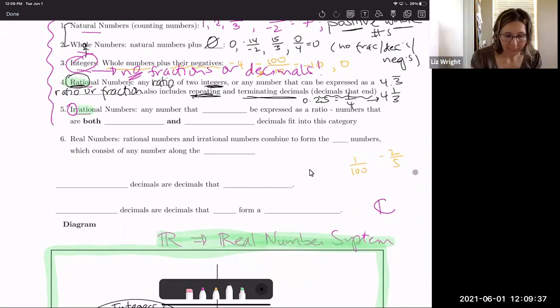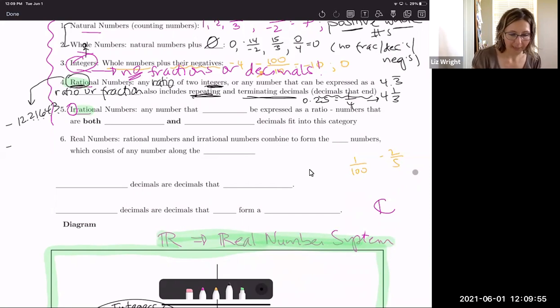Even a super long decimal, let's say we had negative 12.21643. Is that a decimal that stops, that terminates? Yes. So this is a rational number because it's tenths, hundredths, thousandths, 10,000ths, 100,000ths.